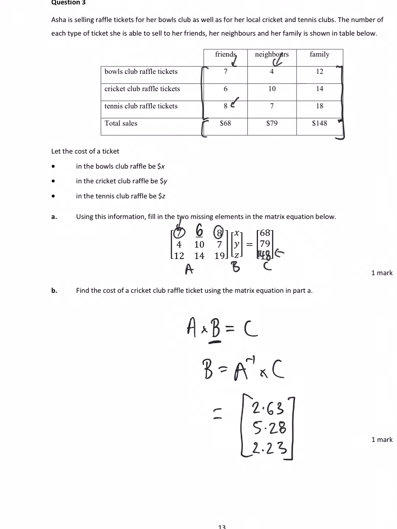What I wanted to know is the cricket club one. So this is bowls, this is cricket, this is tennis. Therefore, the cricket ticket cost is $5.28. Cool.